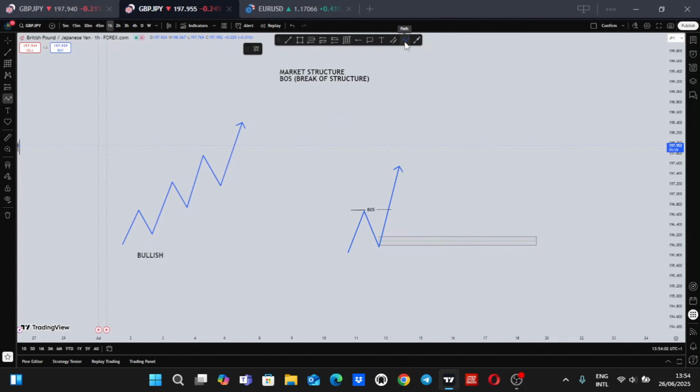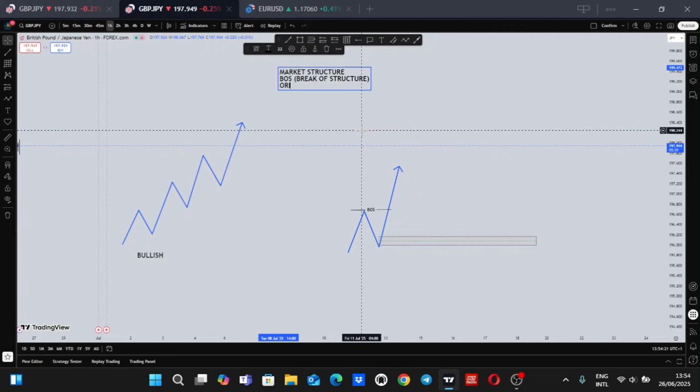Now the other two confluences are to validate this origin zone. Okay, let me write it out here first. Third confluence is origin. Spot your origin.